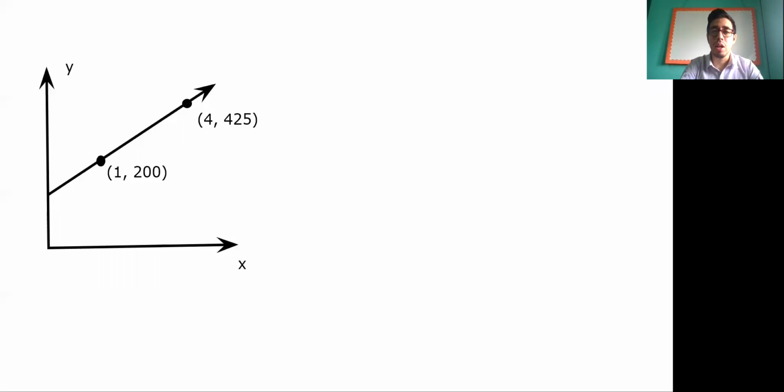So if I find the slope, what is the slope? M is equal to, remember, the subtraction of the values of Y divided by the subtraction of the values of X. I subtract the values for Y: 425 minus 200. This is for 4 hours, and this is for 1 hour.